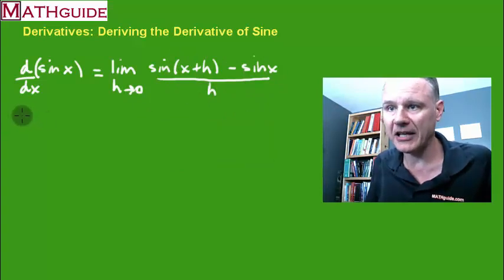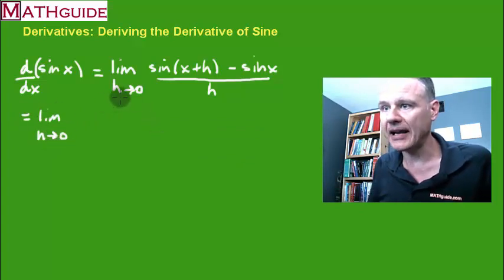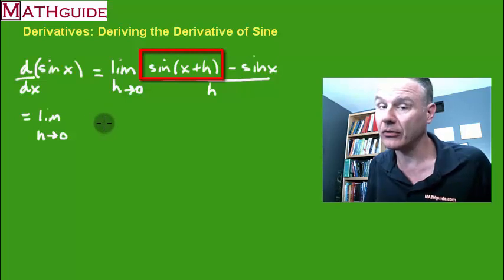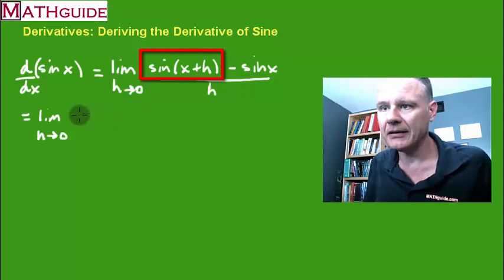All right, so I'm going to keep on rolling down, and I might have to write small if I really want to not take up that much room. Now if I'm going to expand this, the sine of the quantity x plus h, you have to know a little trig, and it is sine, cosine, cosine, sine.